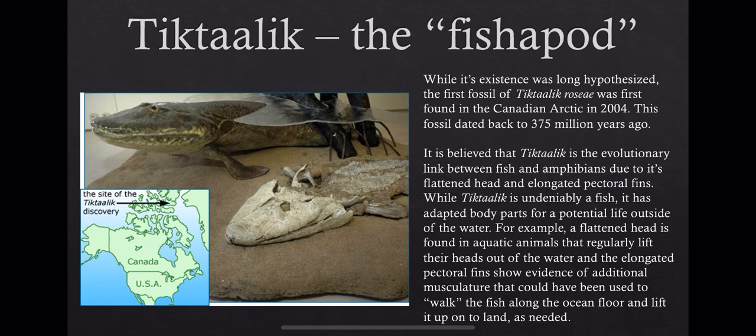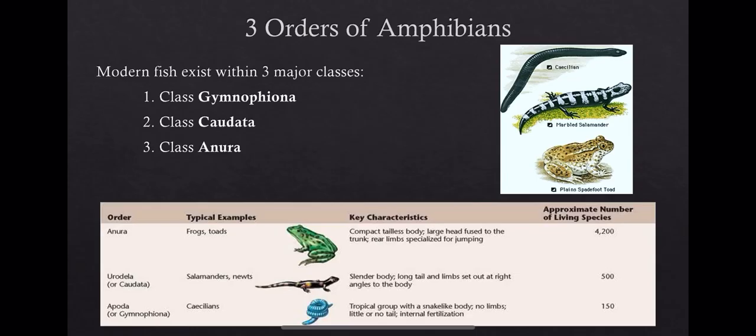And it is believed that it's very likely that tiktaalik used these fins to place on the muddy riverbed to lift itself up out of the water and lift its head up out of the water. And while that doesn't mean that tiktaalik had the ability to walk or crawl along the ocean floor, it does beg the question, would this perhaps lead over time to an animal that could live on land or walk out of the water as needed?